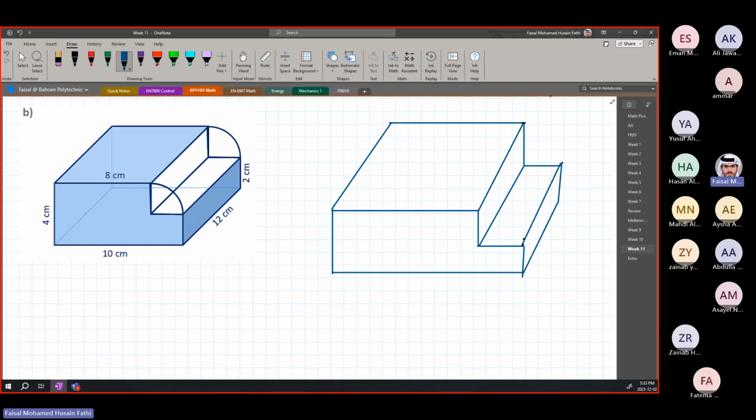This is the actual shape we have. The empty part is, this is the empty part in black. Something like this approximately. This is your empty part. As you notice, the empty part is not in the shape of a cylinder.